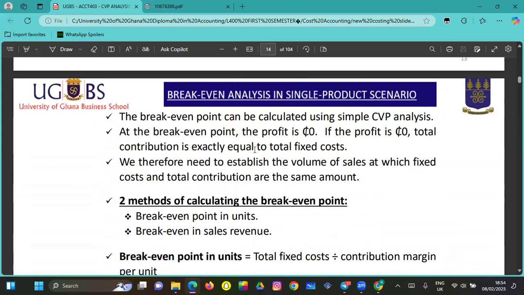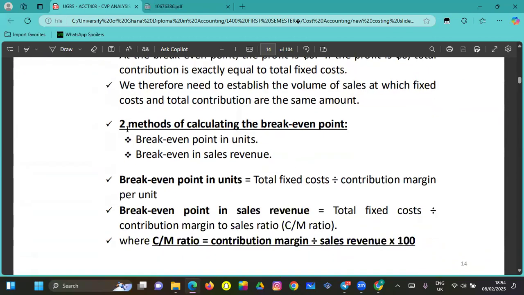Total contribution is exactly equal to total fixed cost. So after subtracting variable cost, if let's say fixed cost is 2, contribution is 2. So when you subtract, everything will now be 0. That's what it means. We therefore need to establish the volume of sales at which fixed cost and total contribution are the same.